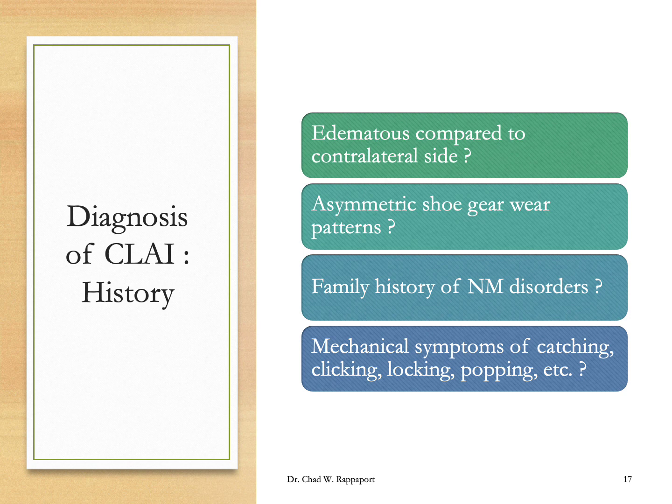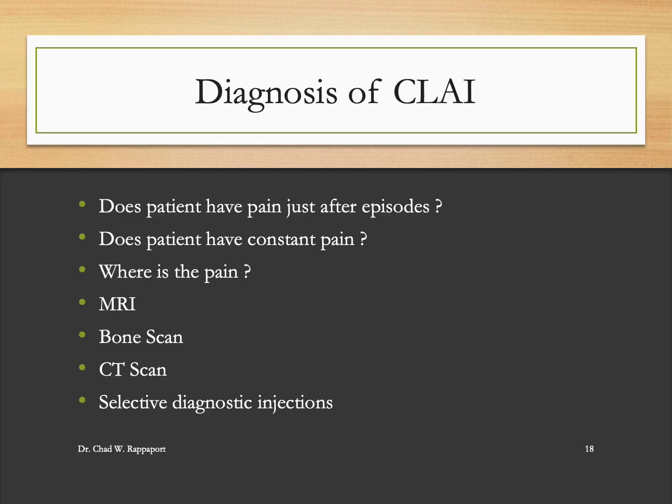It's also helpful to note if the patient has chronic edema to the affected side. Do they have asymmetric shoe gear wear patterns, or an underlying or associated family history of neuromuscular disorders? When patients do have rather chronic constant pain, in an effort to determine where that's coming from, in addition to standard radiographs, MRIs are often garnered, much less frequently bone scans and CT scans.